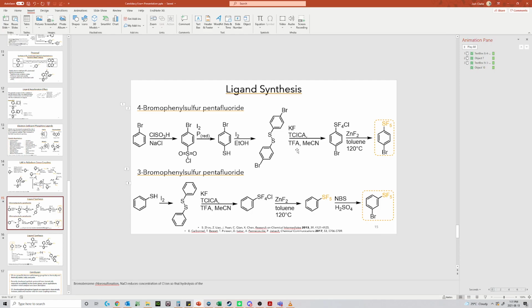So the chlorinating reagent here is trichloroisocyanuric acid, the TCICA. Oh, okay. And this should both oxidize and chlorinate the diaryl disulfide. Okay. And also, maybe I should include that it is catalytic amounts of TFA. It is actually not a reagent there. It's just a catalyst. Okay.